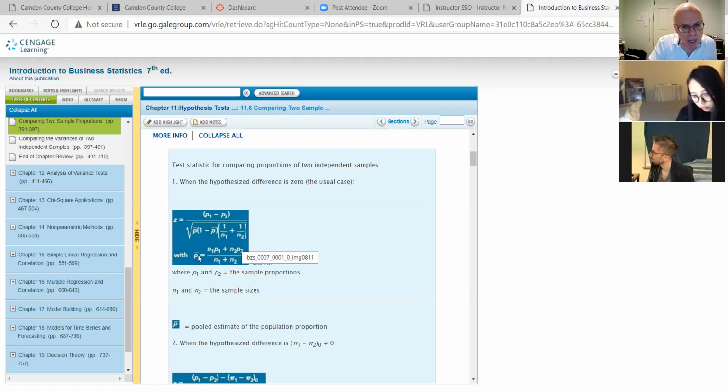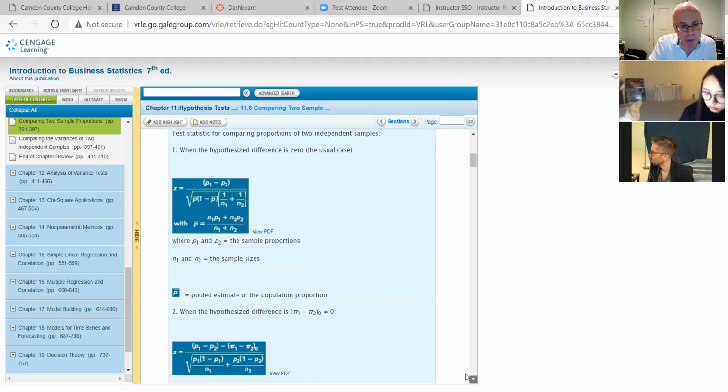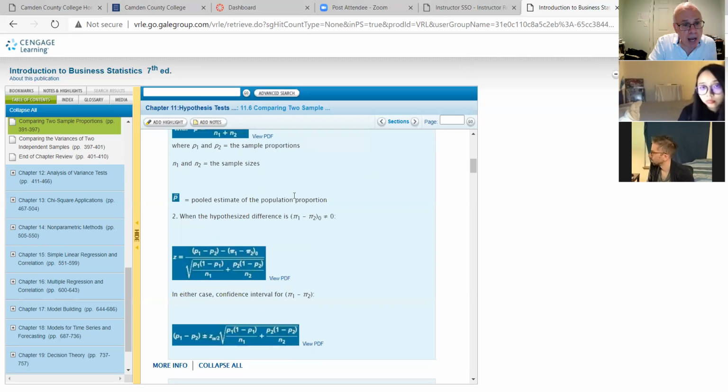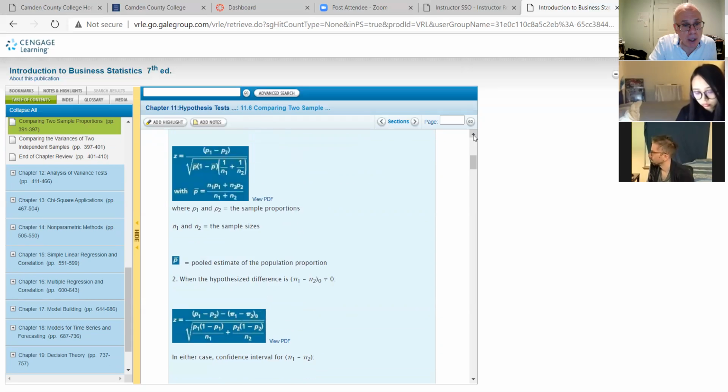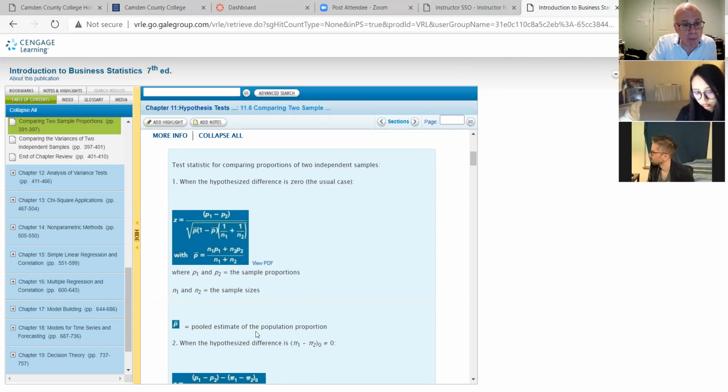Once you calculate P bar, then you put it into the Z statistic formula. It's hairy. And that assumes we're pooling the variance.